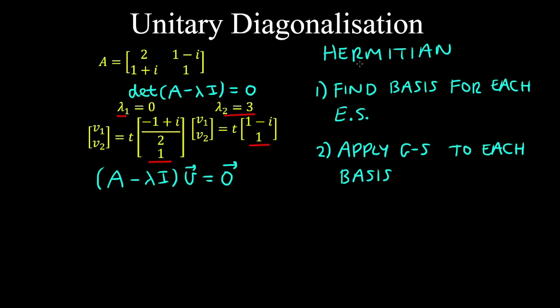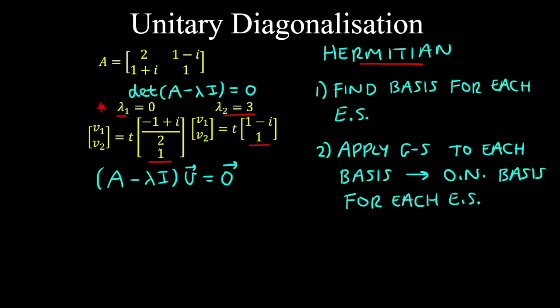Remember that for Hermitian matrices, all eigenvalues are real, and the eigenvectors from each separate eigenspace are orthogonal. So in this case, all we need to do to obtain an orthonormal basis for each separate eigenspace is to normalize each basis vector, because there's only one per eigenspace.